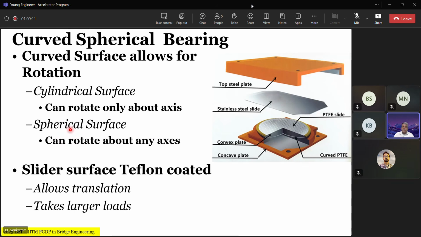Here they create a concave spherical surface on this metal, and they create a convex spherical surface on this. On the back of that convex, inside this only, you can see this line is the concave circle, and this is the convex circle.